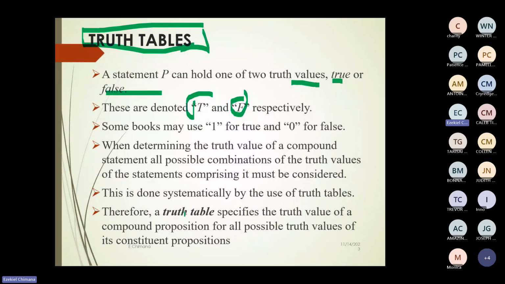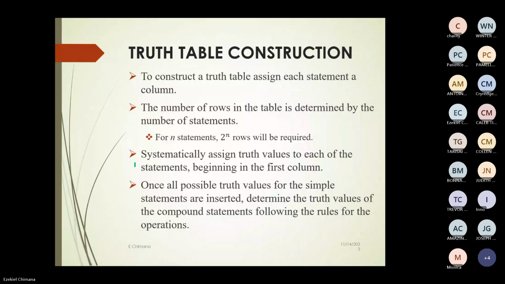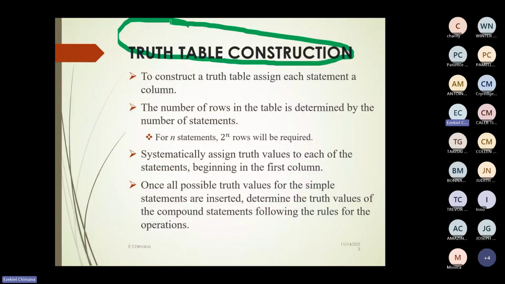So in other words, whenever you have a compound statement, you can use a truth table to find all its truth values. Then how do you construct a truth table? I'm sure you need to pay special attention here if you are not yet able to construct a truth table.